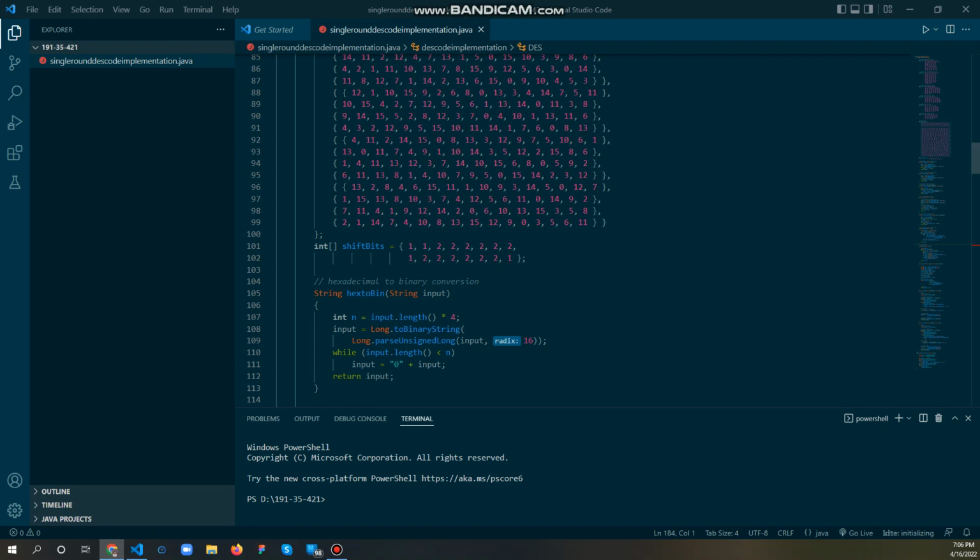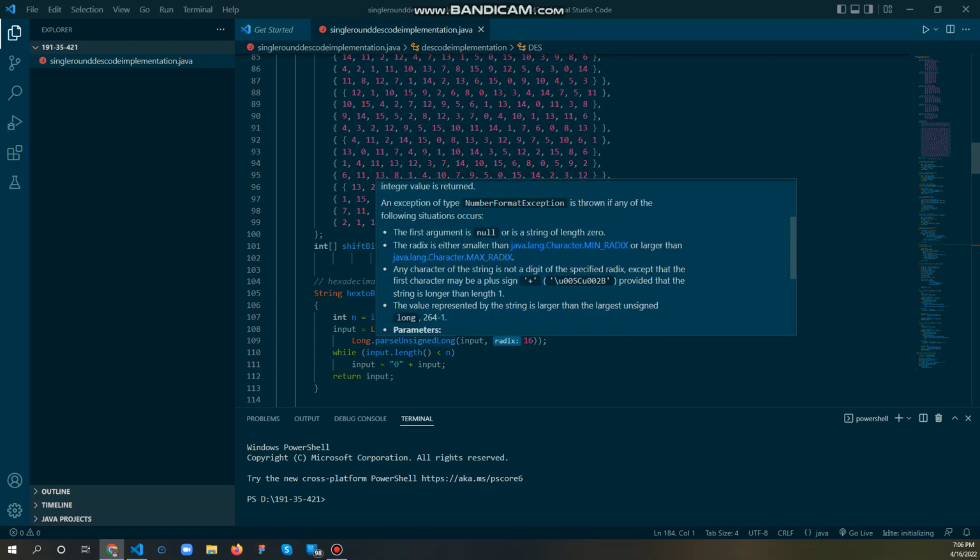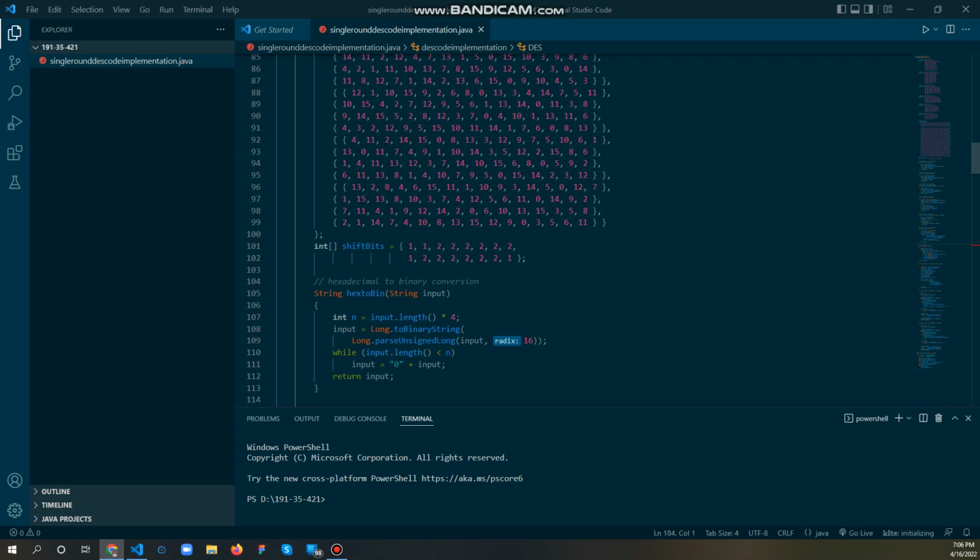After an appropriate shift, 48 of the 56 bits are selected, according to the table shown in the figure given below.